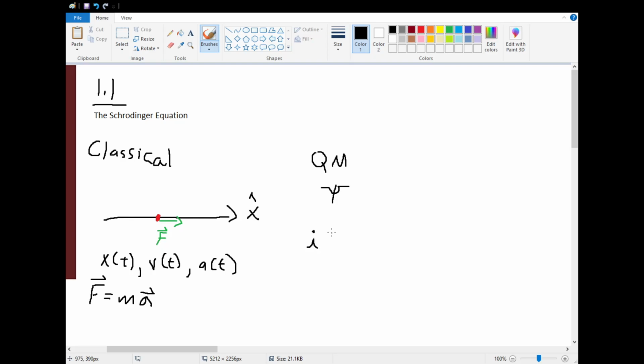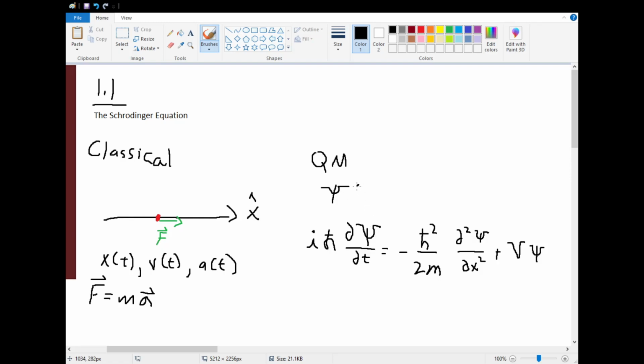An imaginary number i times h bar, which is the reduced Planck constant, times the partial derivative of our wave function psi with respect to time, is equivalent to negative h bar squared divided by 2 times the mass of the particle, multiplied by the second partial derivative of psi, this time in terms of x squared, plus the potential energy of our system multiplied by psi again. So just from this, we can tell that psi is in terms of position x and also in terms of t.